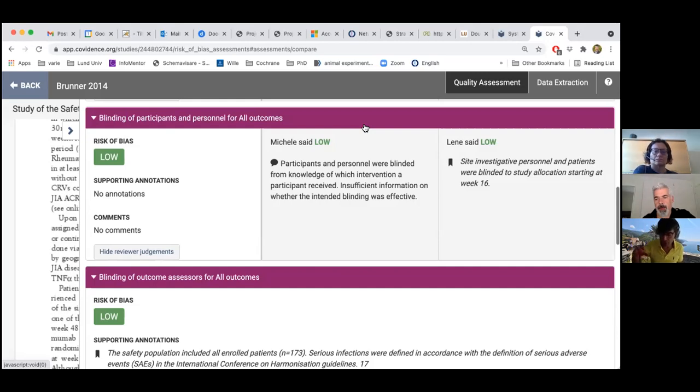And this might be because, for example, a drug is given with a special taste in the mouth, and then the blinding is broken, both for the patient and for the caregivers.